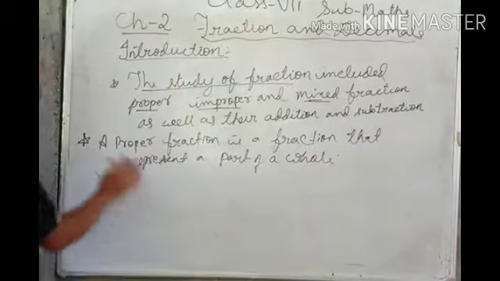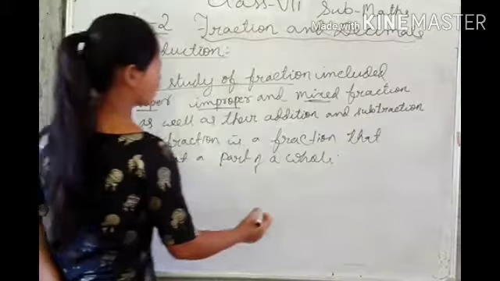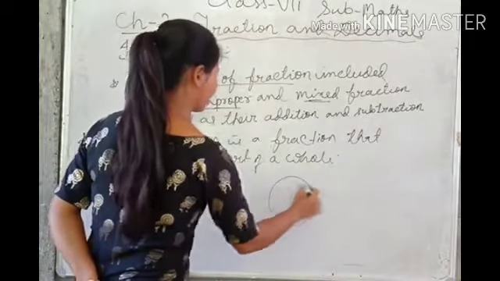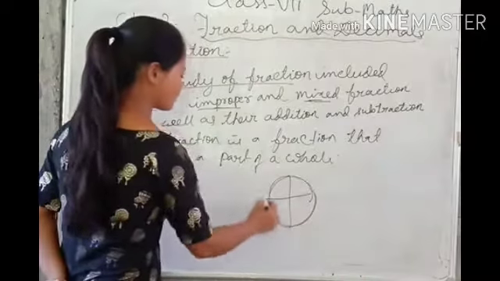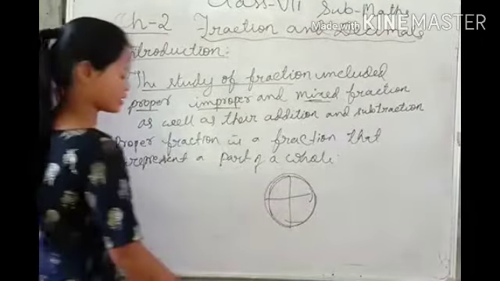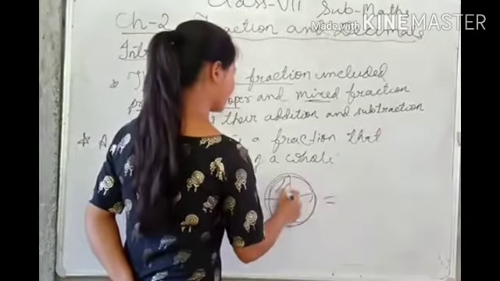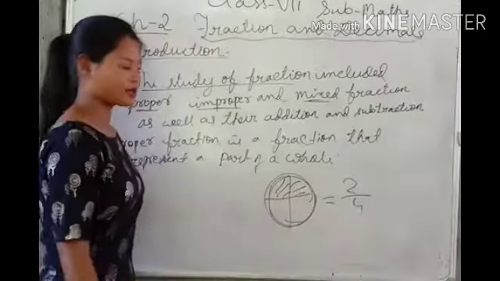Whole means all the whole value. Suppose this is one whole circle. From this whole circle, if you take two parts, you will write 2 upon 4. Now 2 upon 4 is a fraction.